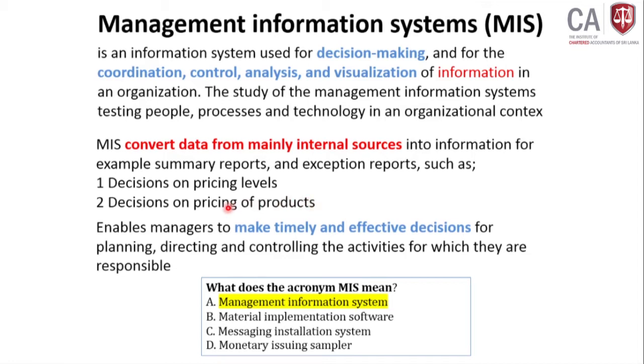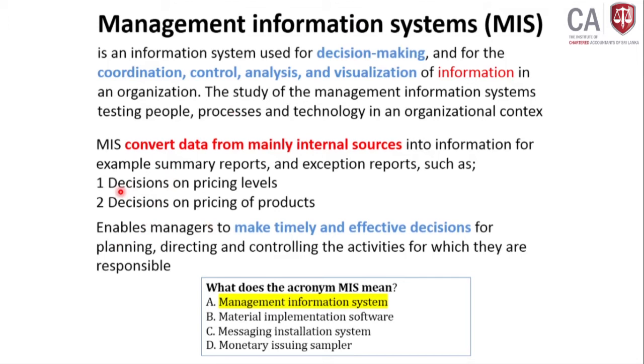So all those cost factors will be gathered from this MIS system, and also the prices that have been given for the previous product will be evaluated, and then they decide on the pricing of the product. So those data will be internally gathered, then we will take the decision. That is also used for decision making.